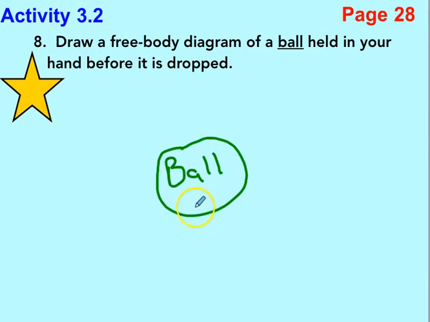So we have gravity pulling it down. Now if it's being held in your hand, I'm going to do my best to make these arrows approximately equal. Your hand is pulling up on the ball and gravity is pulling down. This is all I would need for a free body diagram.